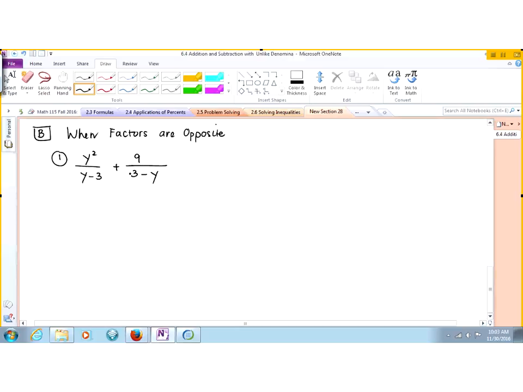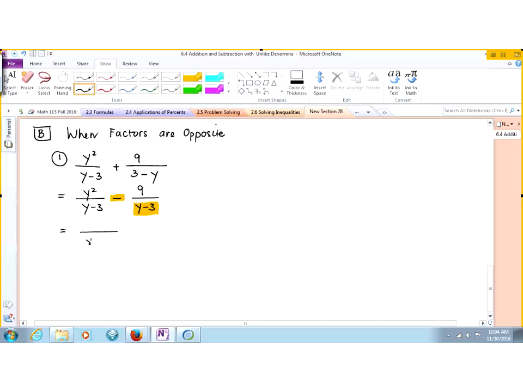Are they opposite? Aren't they? Yes. So let's write it. So y squared over y minus 3, and what happened here? I want to write it as y minus 3 also, but this is minus 9. So did you see this? So you multiply that by negative 1. Yeah? Okay.